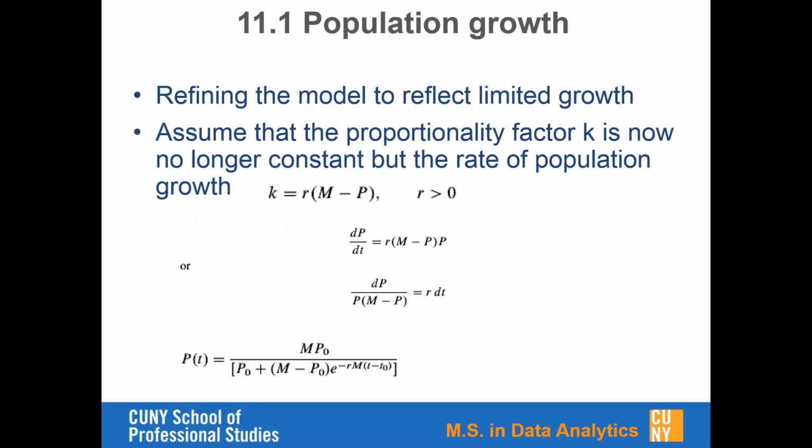So, another example here: trying to refine the model to reflect limited growth, because we realized the model has a fundamental problem in that it doesn't have a cap. Not on the rate of population growth, but on the overall level of the population.